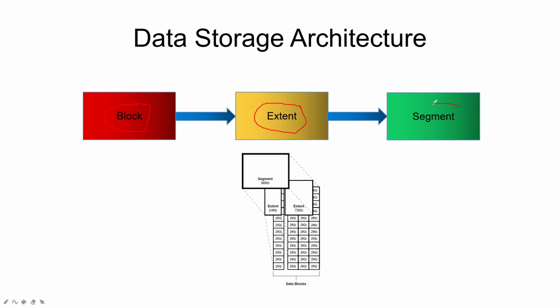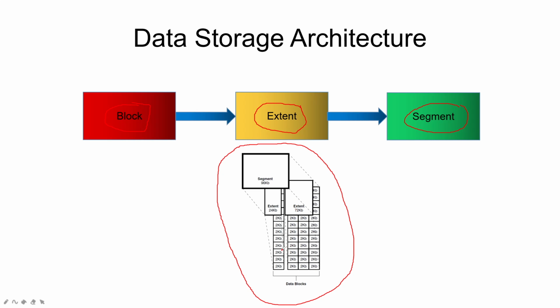And the last one is the segment. So this is the hierarchy, how it works, from blocks, then extent, then segment. Now the same thing you can see in the figure below, where I have tried to show how exactly these things are stored in the database as a logical structure.